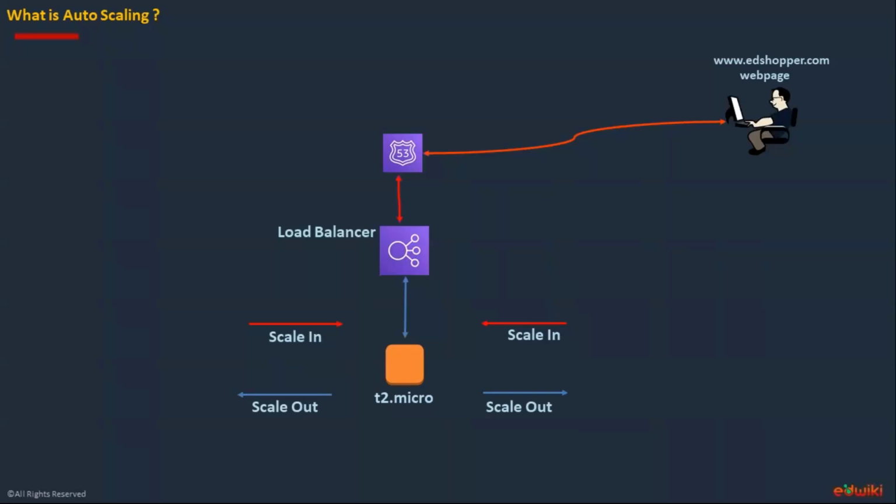As I see a question in the chat window: as and when users access the website, if more people are accessing it, more requests come to my servers, and more compute and memory are required. If one server cannot handle it, it will create one more server. That's how the flow will happen.